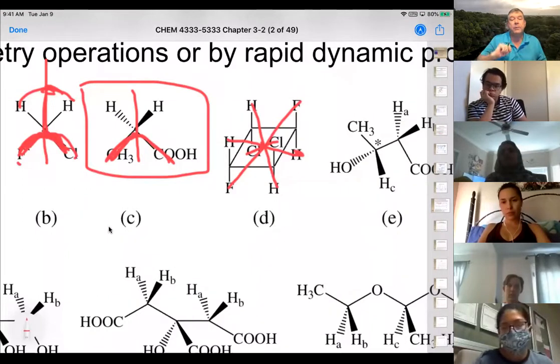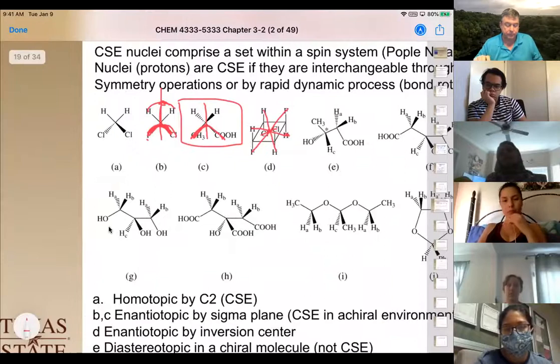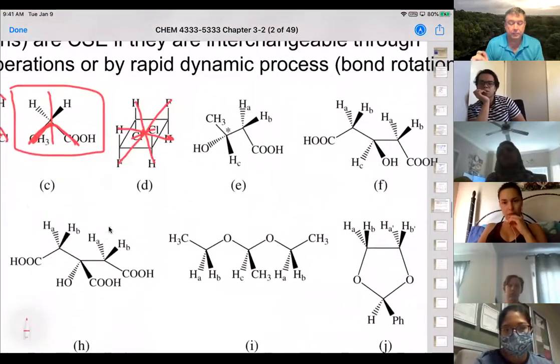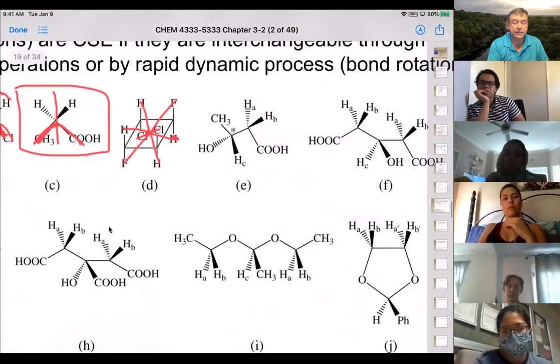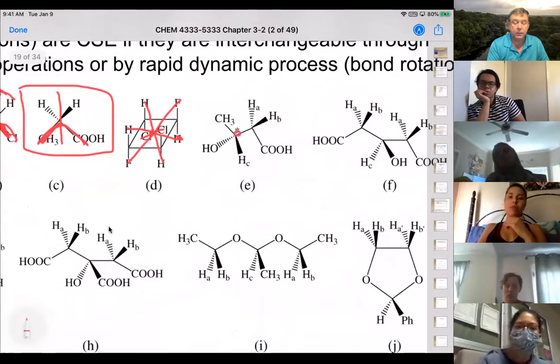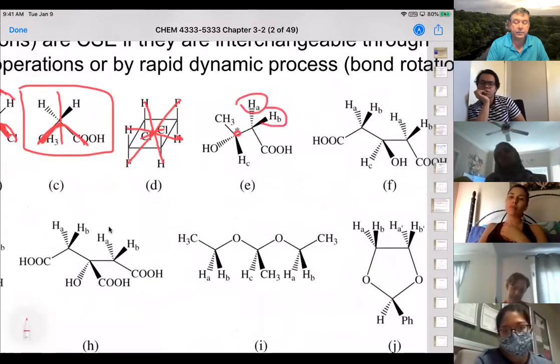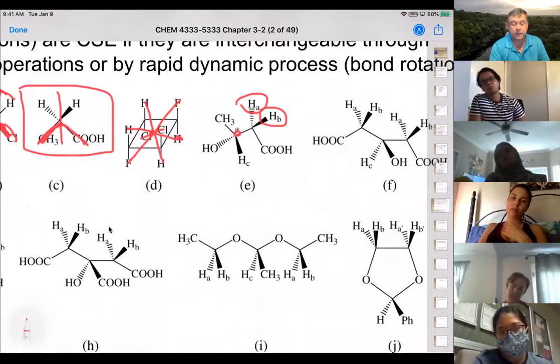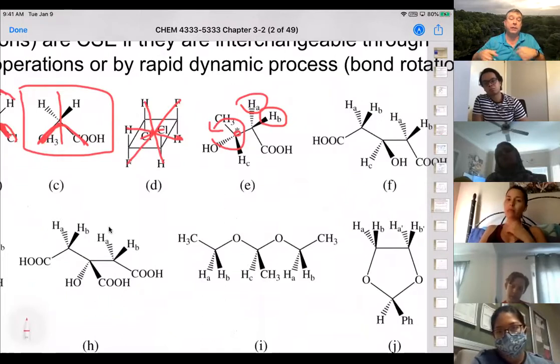And if they can swap through that center of inversion, that means that they can be seen as equivalent. And then when we have things like this, where we have this as a chiral center, we actually can have these two be the same or different, because we have a sigma bond here rotating around.